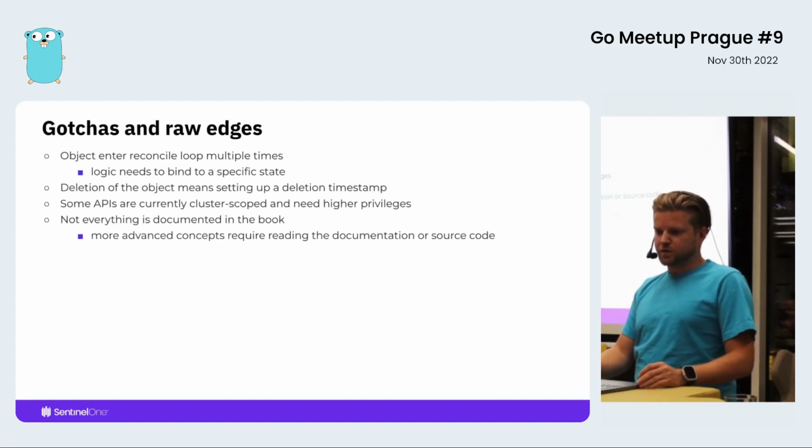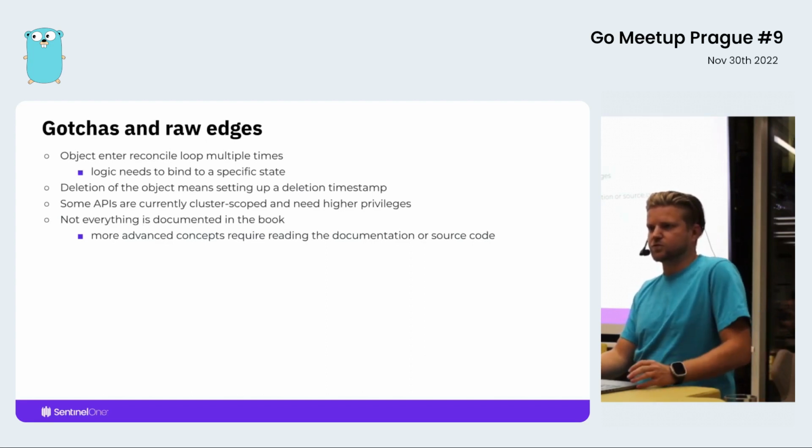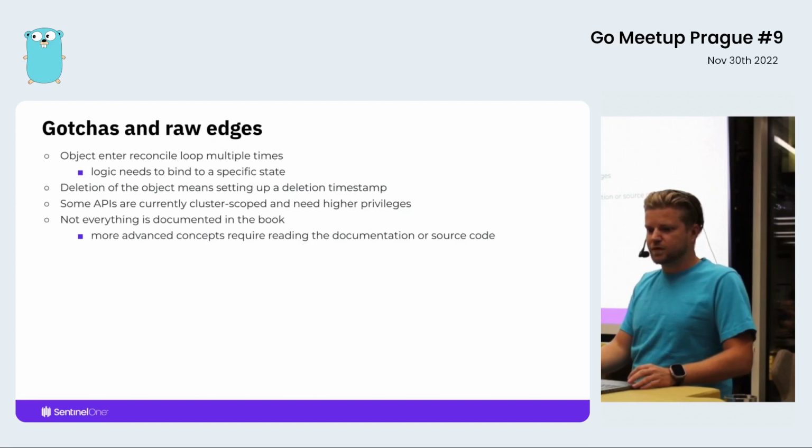There are a few things you should take care of, because when you implement the reconcile loop, you will usually receive the object multiple times. So you need to know at what stage of the object creation you should react. For example, when an object is created, you will get it in the loop 4 or 5 times, even in an empty cluster.